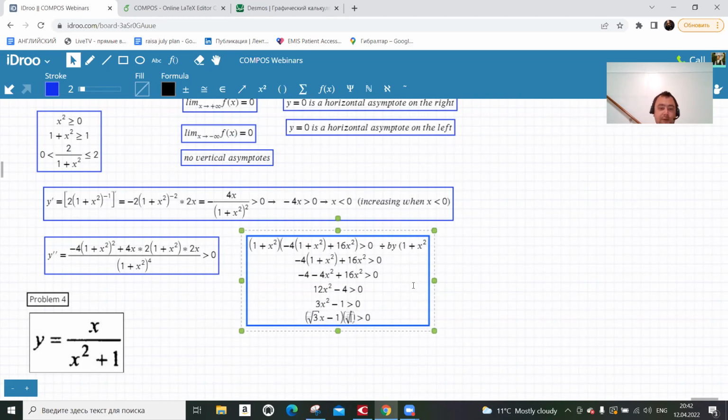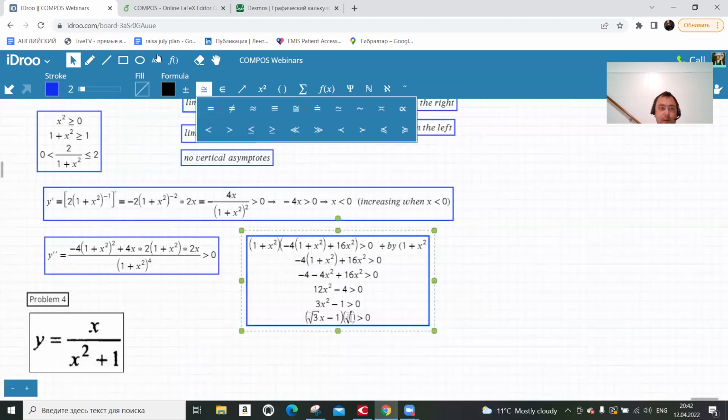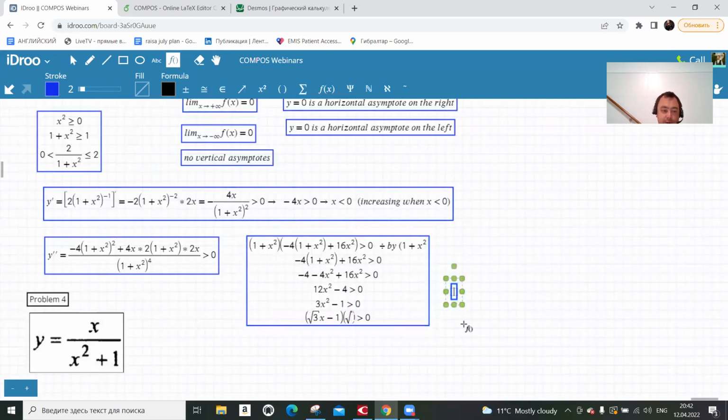I'm using the difference of two squares, the formula a squared minus b squared is equal to a minus b, a plus b.